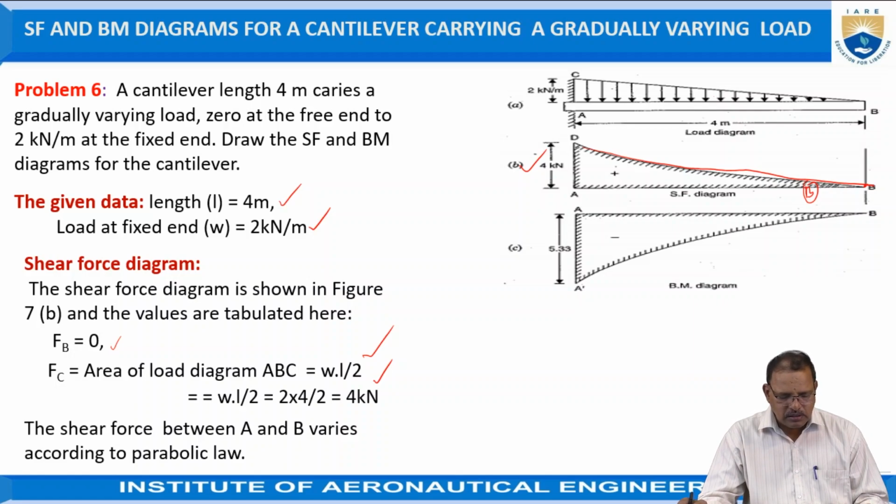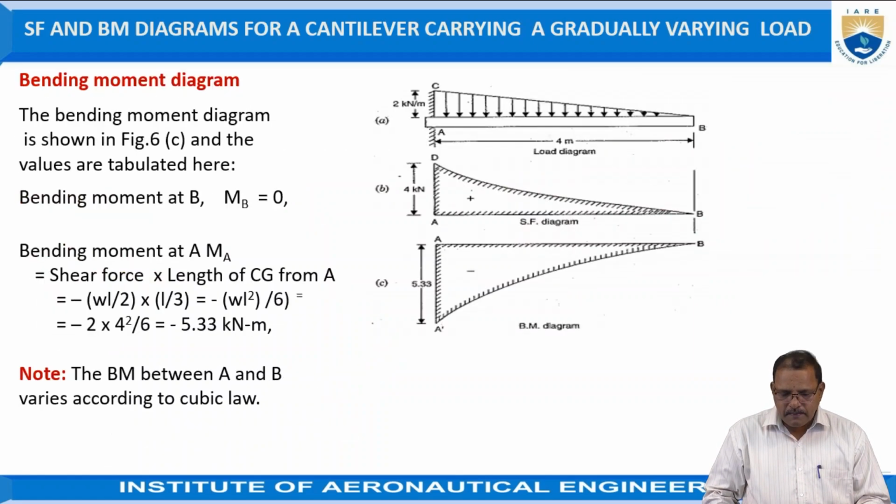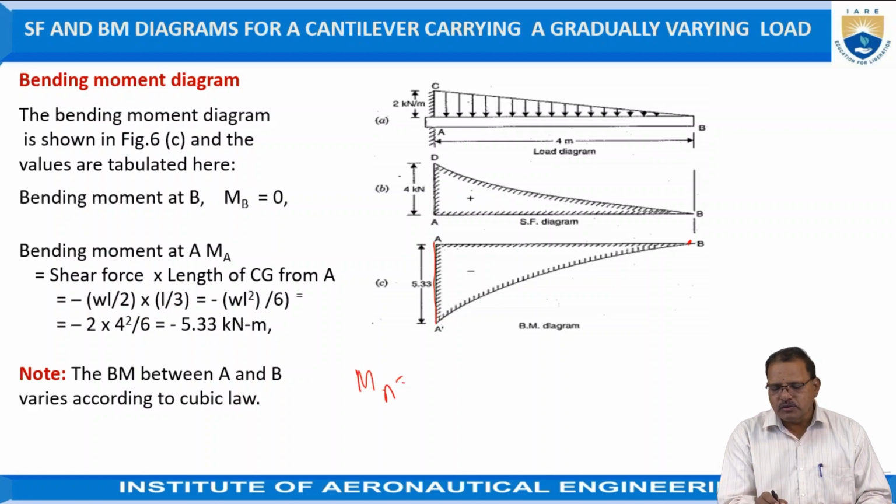Similarly, the bending moment diagram. The bending moment at the free end is equal to 0, and at the fixed end we require M at A, which is equal to the total force times its distance. The total force is W into L by 2, the area under this triangle.